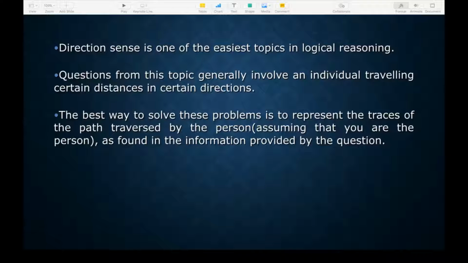The best way to solve these questions is to represent the traces of the path traveled by the person, assuming you are the person in the question. Draw the path followed by the person as found in the information provided in the question.